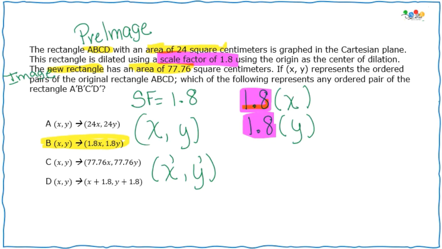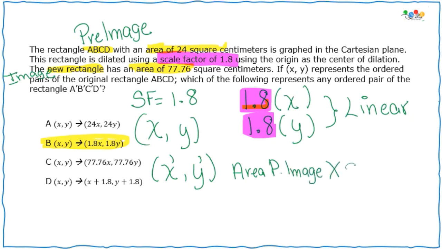Now, what I want to do next is prove to you that it is very different when you're talking about linear. So this is linear. Area is not linear. Okay, so in area, this is what we do. I'm going to need to multiply the area of the pre-image times the scale factor to the second power.